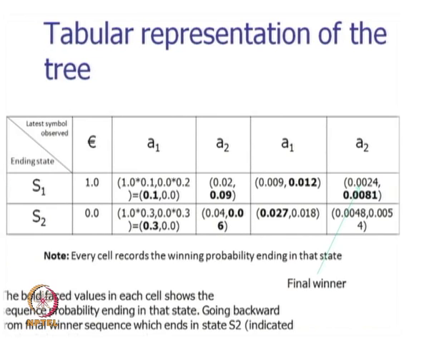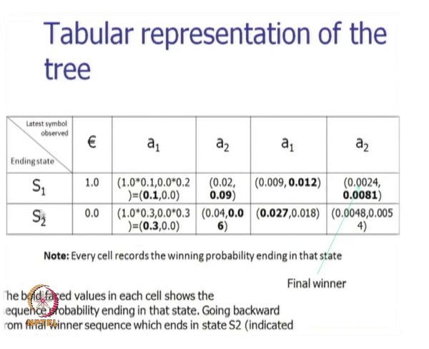This table has a number of columns equal to length of the observation sequence plus 1, which corresponds to epsilon, and this column with epsilon indicates what the first state of the system is. The system goes to S1 with probability 1.0. However, if both the states are possible right at the beginning, then we will distribute this probability between the 2 rows here.